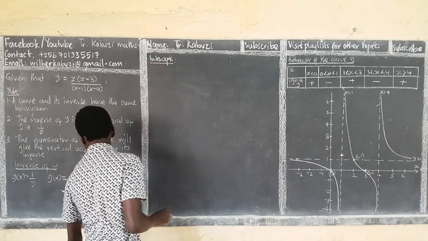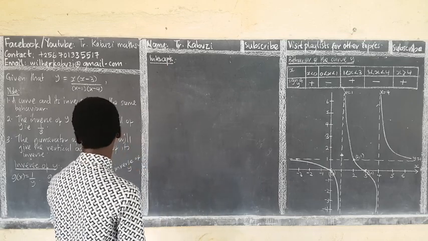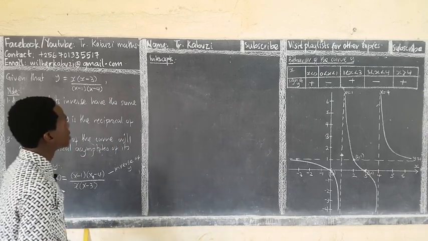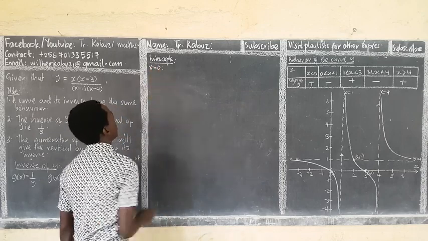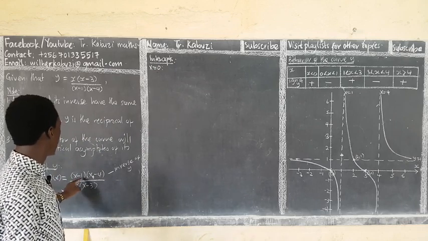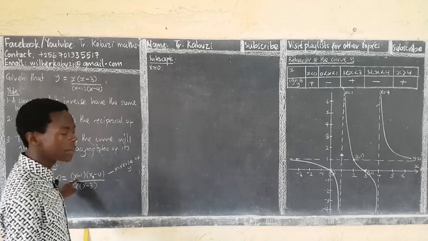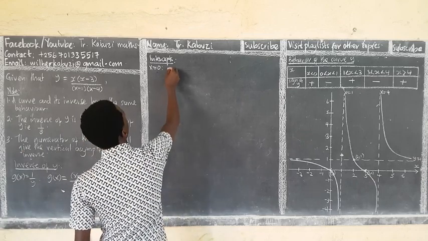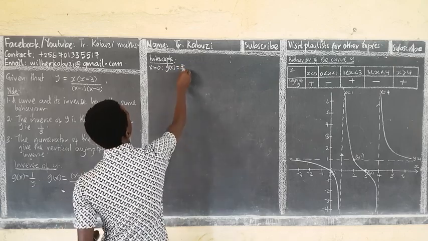So my intercepts are going to be: we get the value when x is 0, and we also get when g of x is 0. So we start with the easiest. When x is 0, what values are we having? When x is 0, I have negative times a negative, so I have my g of x as 4 over 0.